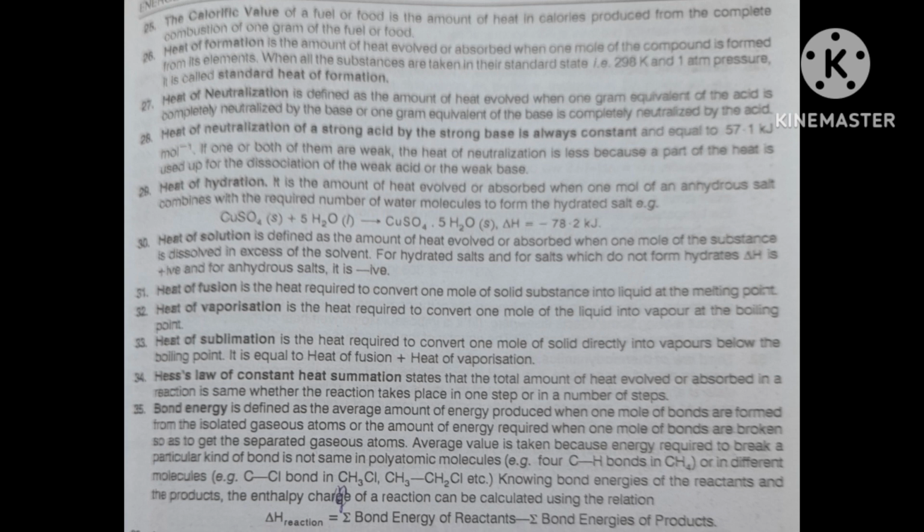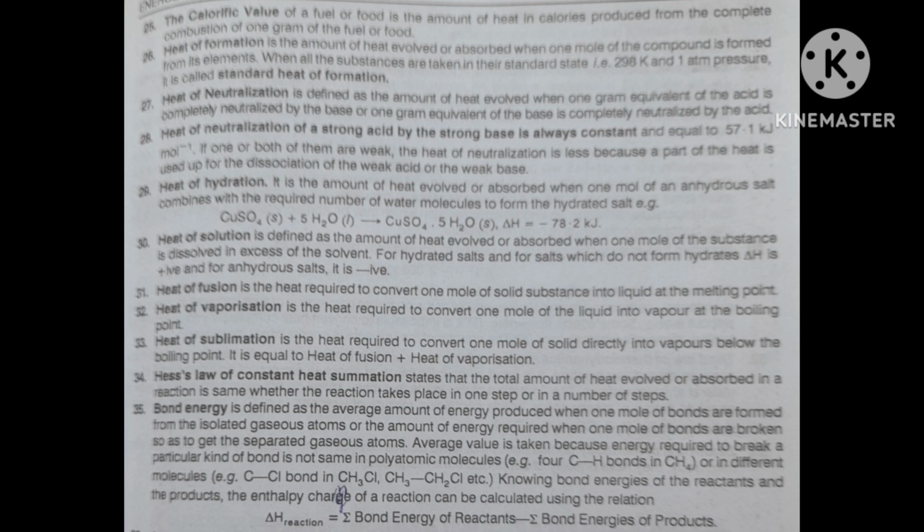Average value is taken. Why average value? Because energy required to break a particular bond is not the same in polyatomic molecules. Examples are methane, with 4 CH bonds. That's why average is used. All CH bonds will require a little different energy, not too much.